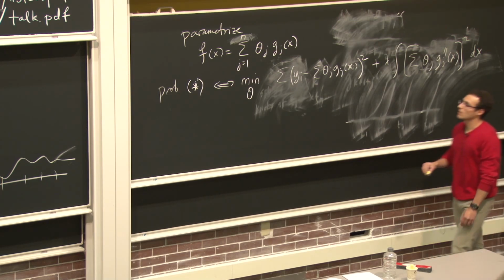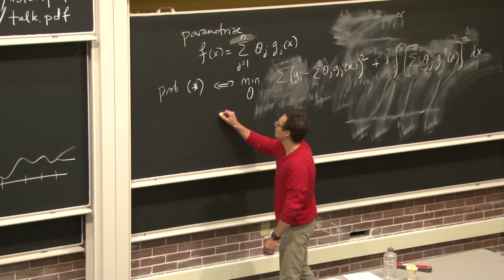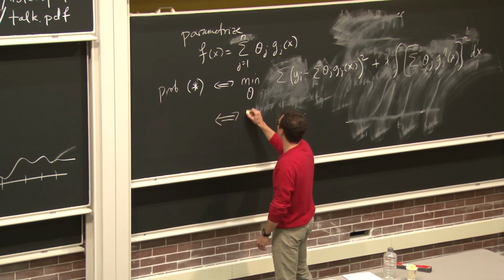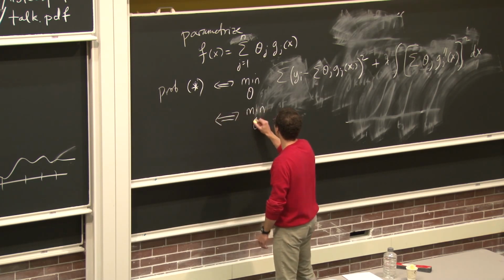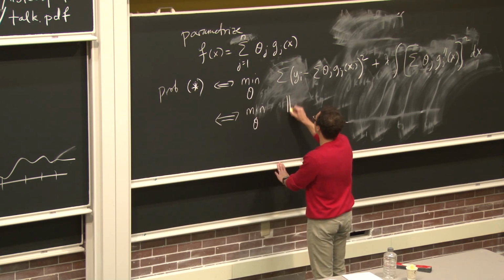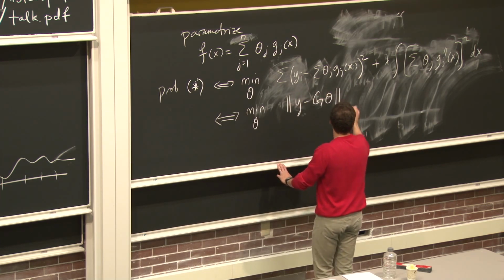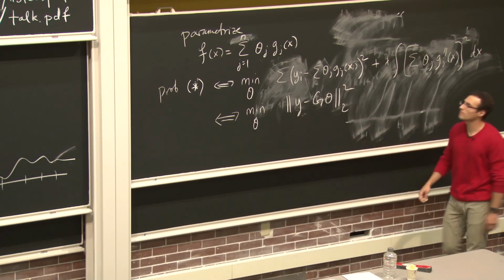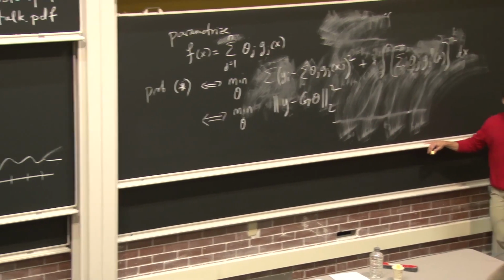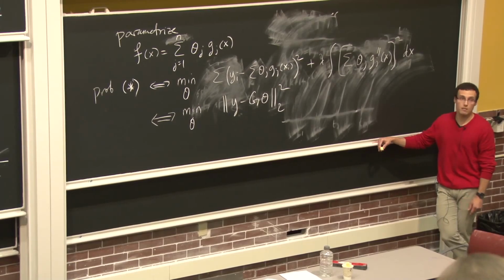Okay, and as before, for the exact same reasons as with regression splines, I can express this more concisely, at least the first term, like this, where that G is what I would call the basis matrix.